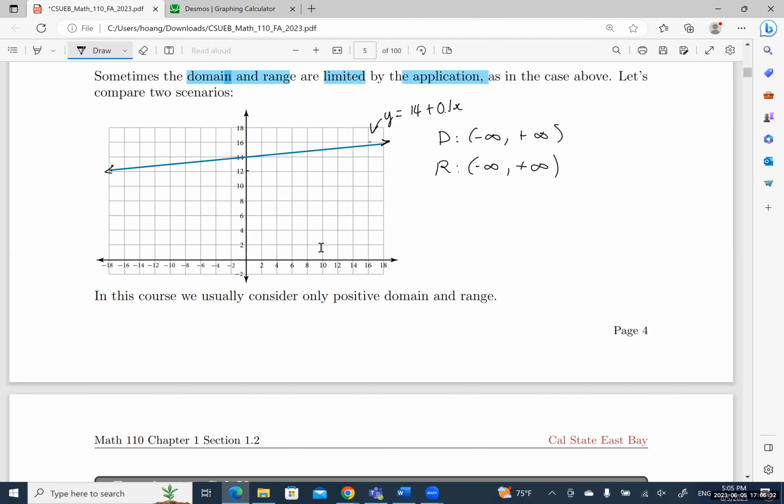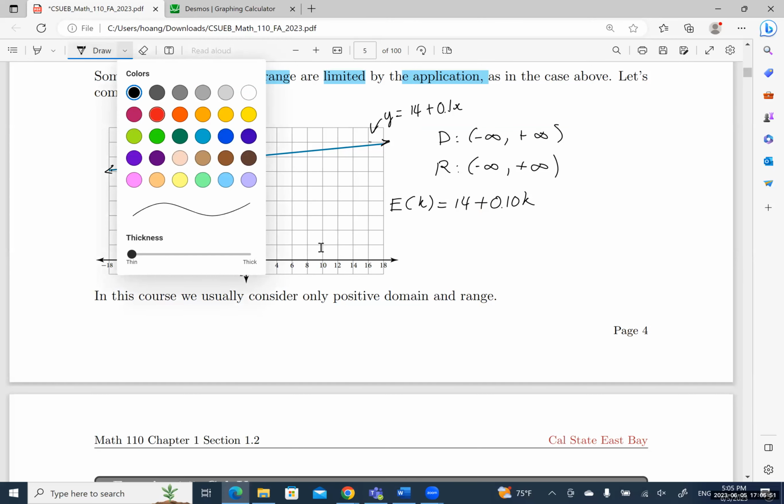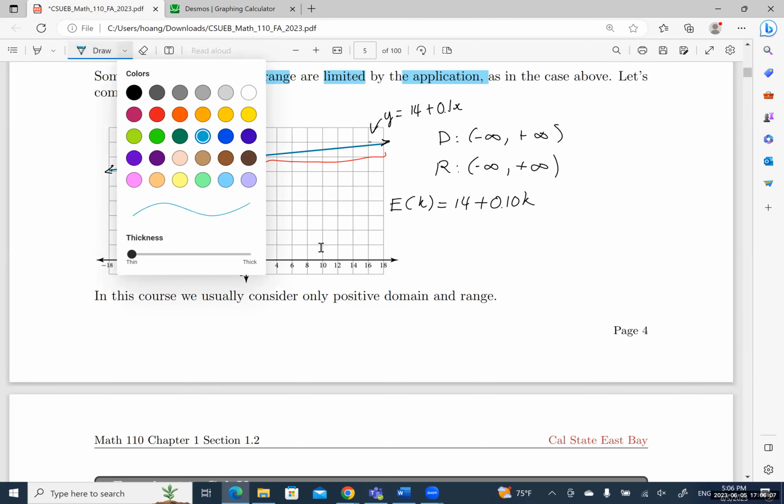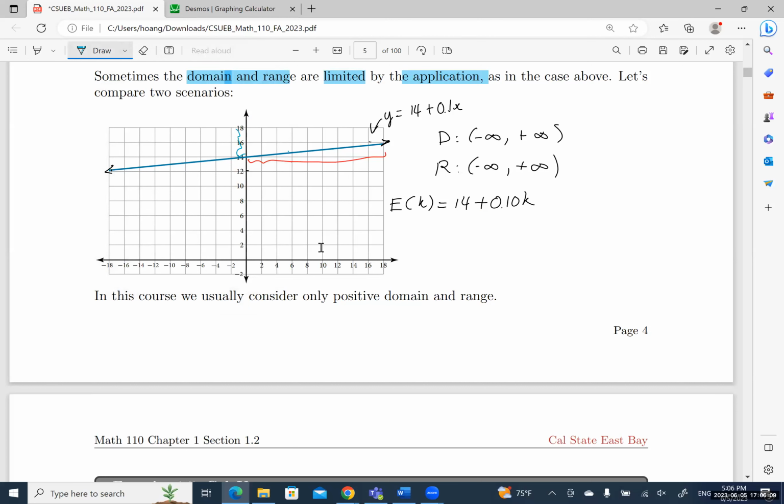And for the function that we use from the application above, k equals 14 plus 0.10k, the domain and range are changed.